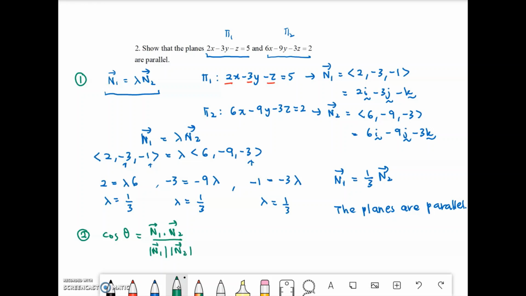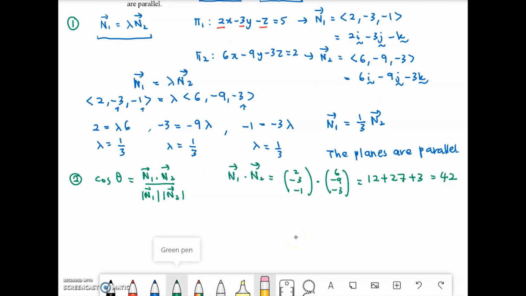So to find this, we have to find the dot product of n1 and n2, which is (2, -3, -1) dot (6, -9, -3), which is equal to 12 plus 27 plus 3, which is equal to 42.